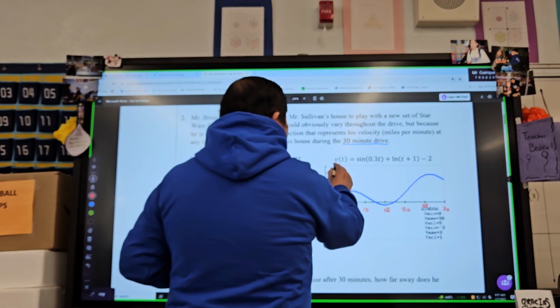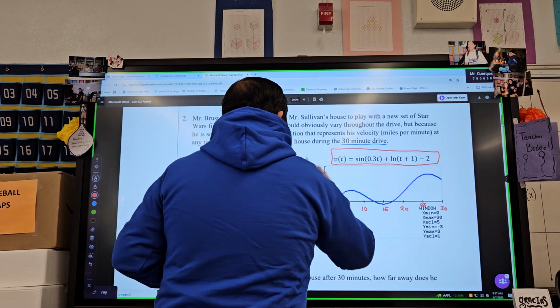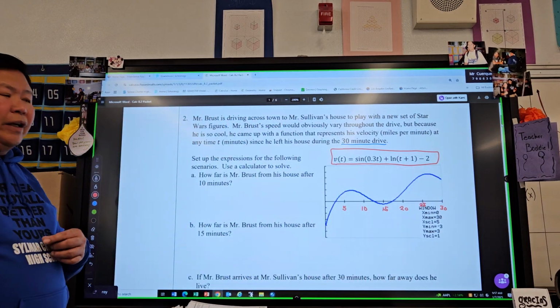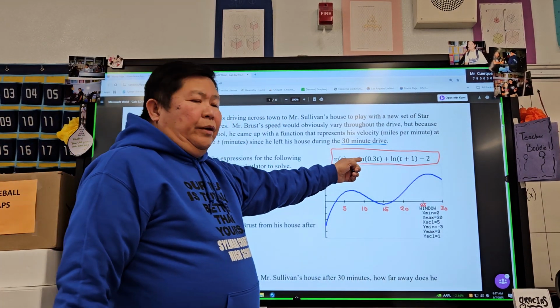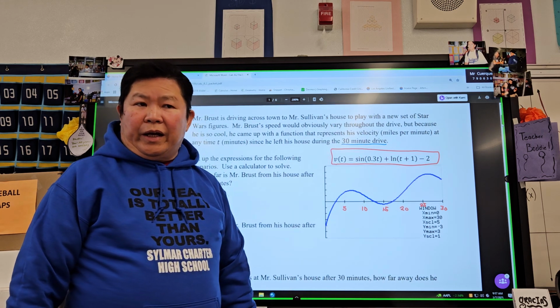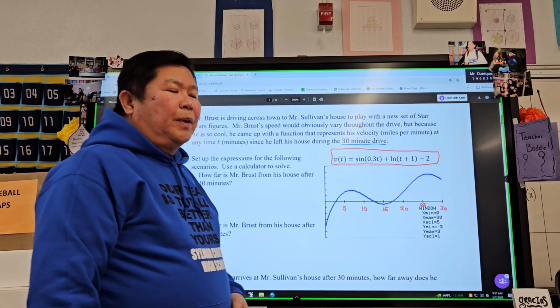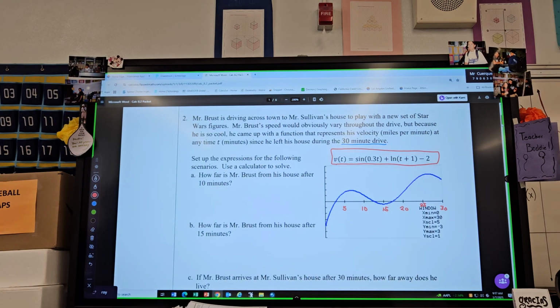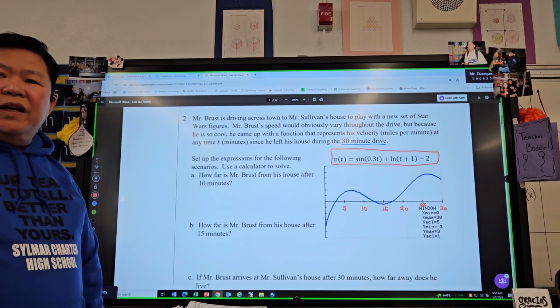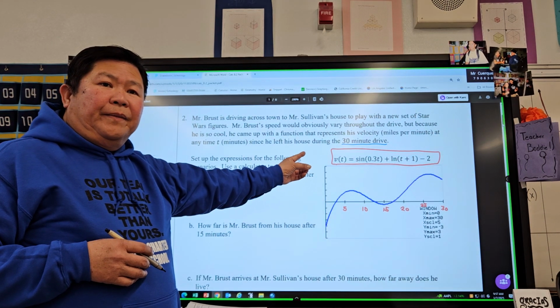The velocity is given as sine 0.3t, but in the calculator you cannot find t, but instead use variable x. Okay, so plus ln x plus 1 minus 2. Again, you press x in the calculator because you cannot find t.